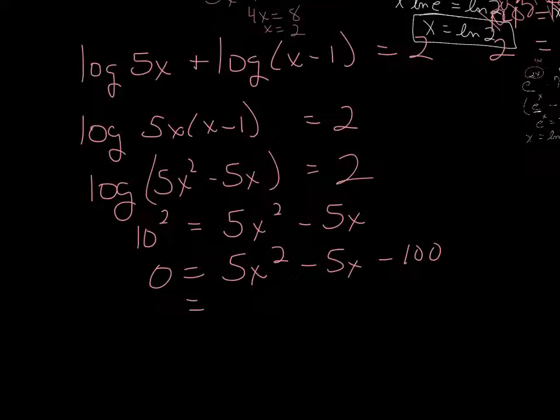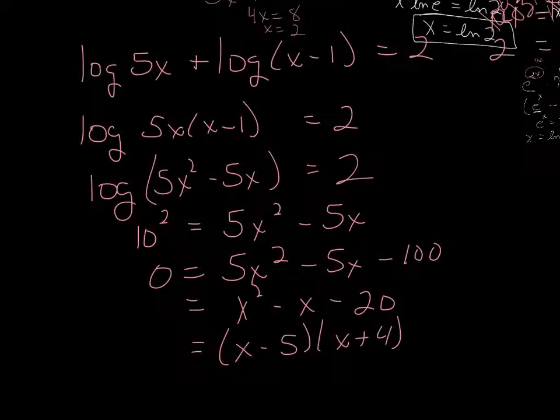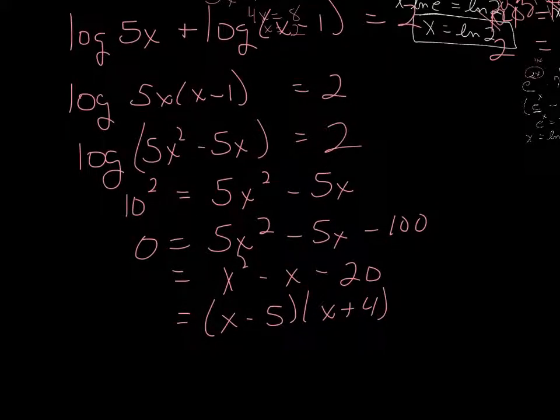X squared minus x minus, how many times does 5 go into 100? 20. Okay, so we can factor this. How does it factor? Negative 5 and 4. X minus 5 and x plus 4. So x could be negative 4 or positive 5.